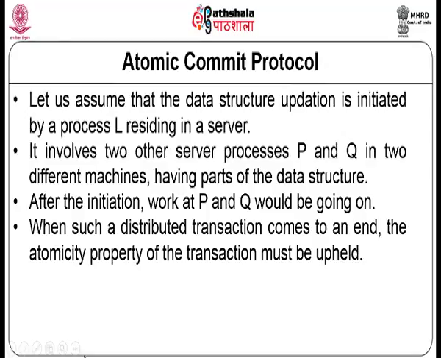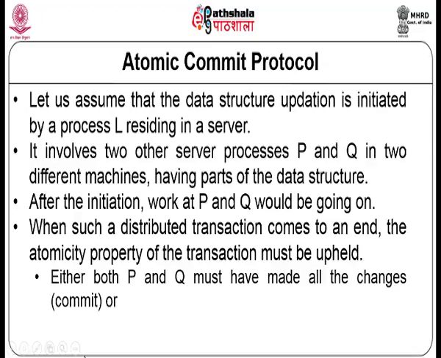When this distributed transaction comes to an end, or when it is time to complete the transaction, the property of atomicity, along with all the other properties, must be upheld. So, how do we uphold atomicity? Either both P and Q are ready to accept all the changes that each has made in its own part of the data structure, which we call a commit in a transaction.